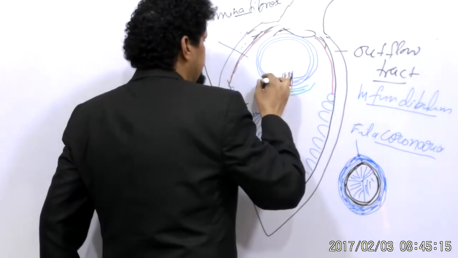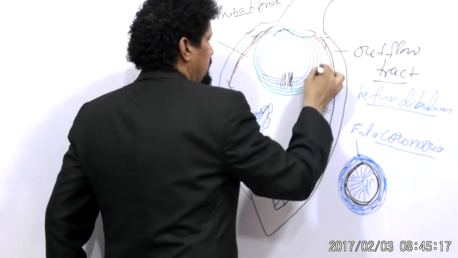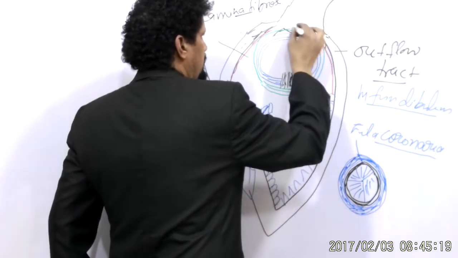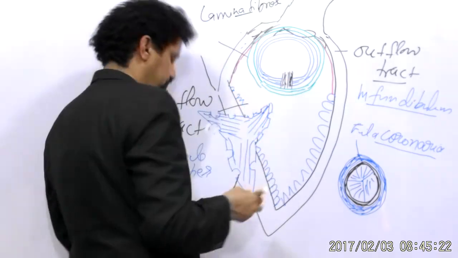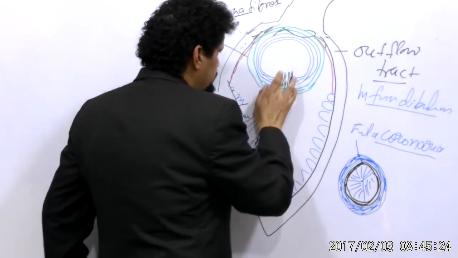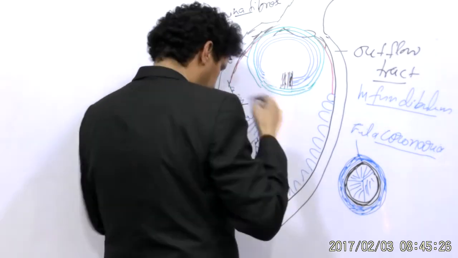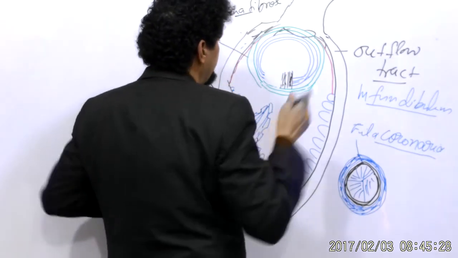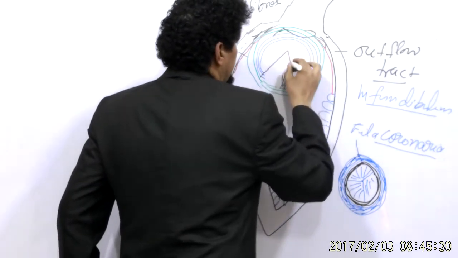This is the one layer and this is the other layer. And this is the one leaflet or one cusp.